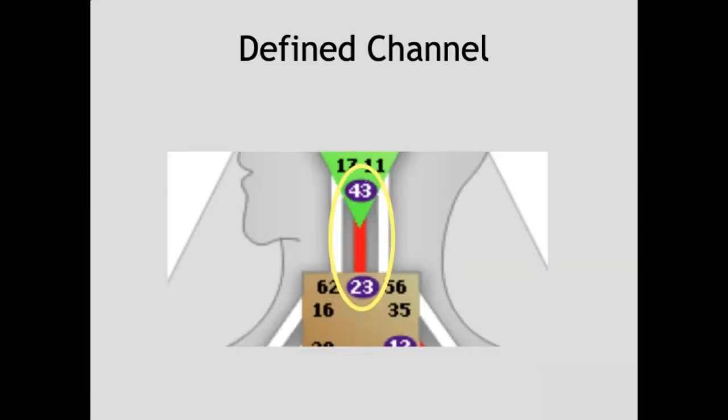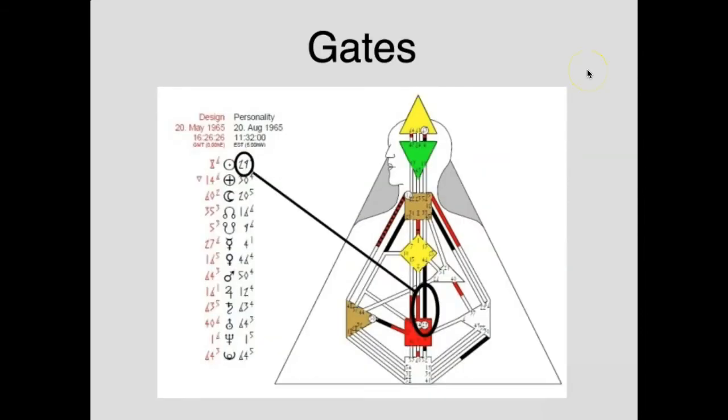A defined channel is where the individual gates on each side are part of defined energy centers. So here the Ajna is defined, as well as the throat. And if you want to get really specific, you can see actually how the individual numbers in the human design chart, the individual gates, relate to various planets.